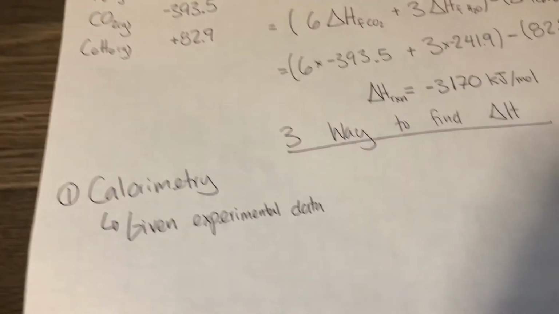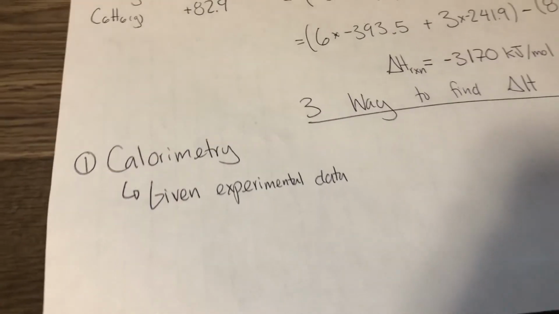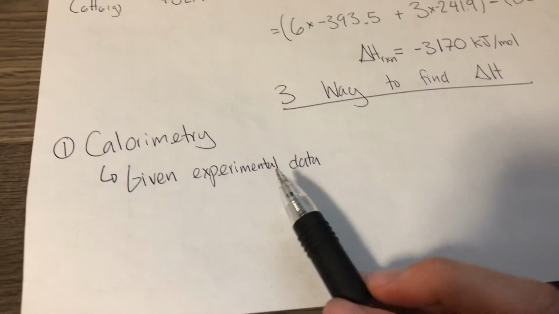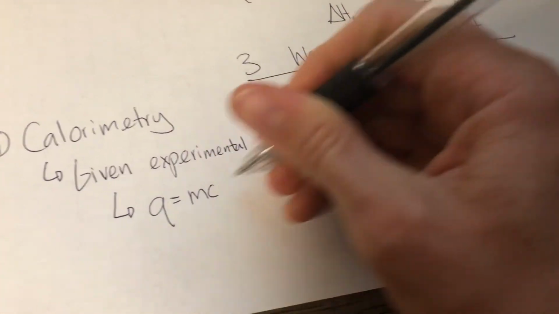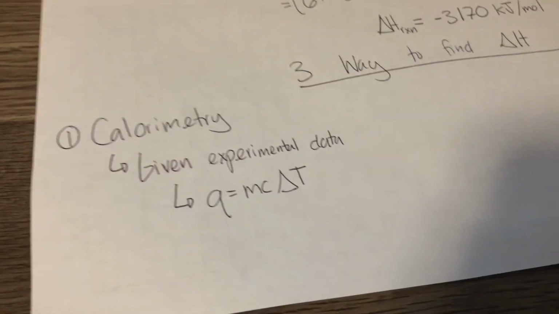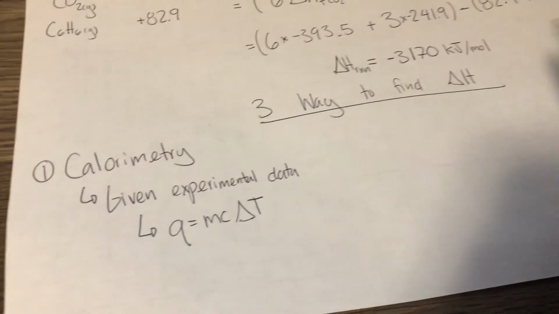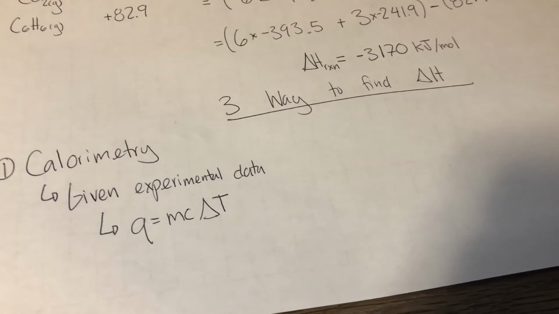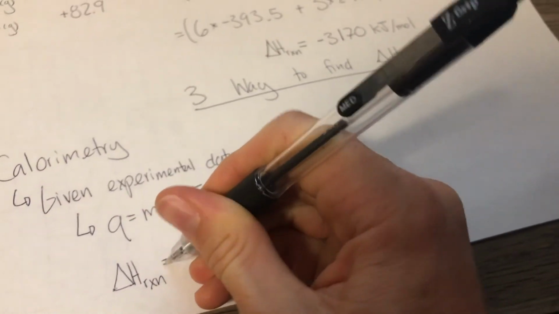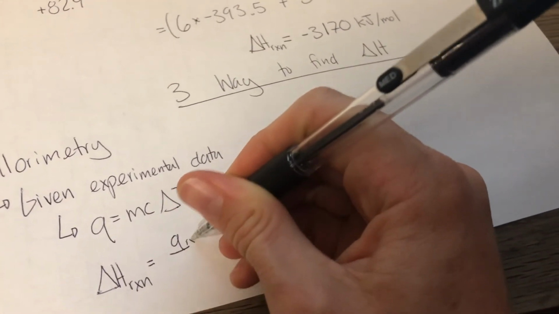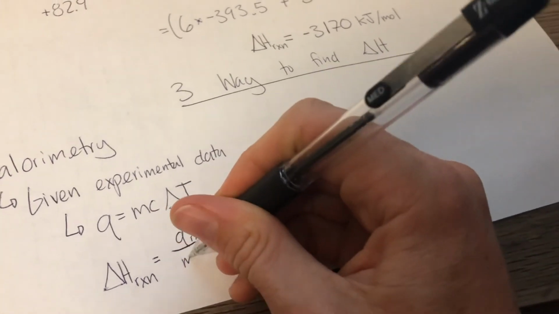So if you were given experimental data about mass and temperature change and specific heat, that is a sign that you're going to use the process of calorimetry, which means we use Q equals MC delta T. And then from that, we can find our delta H for our reaction, right? Because remember that delta H for reaction is Q of the reaction per mole.